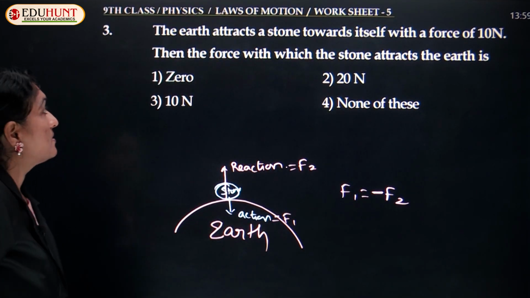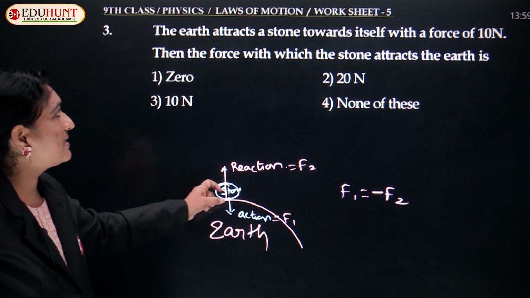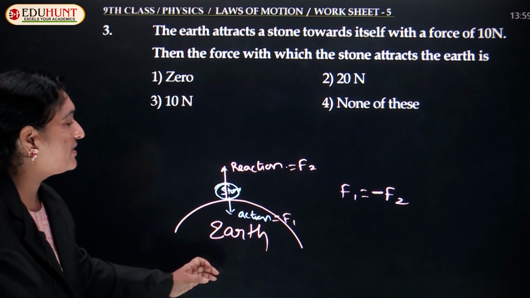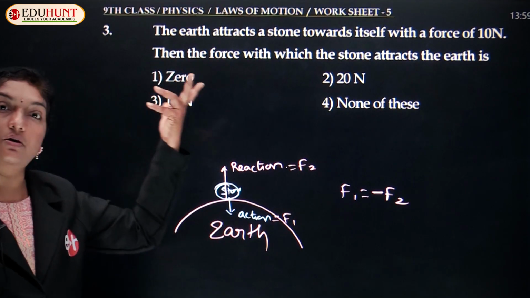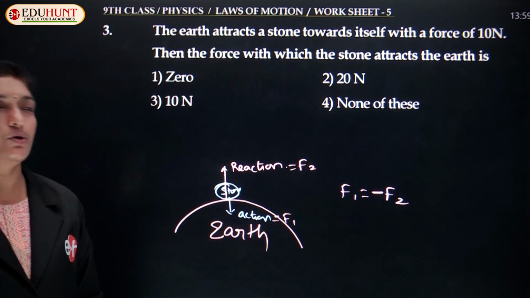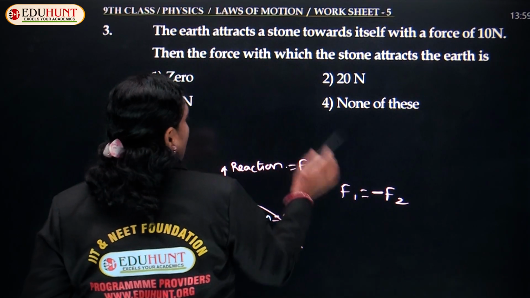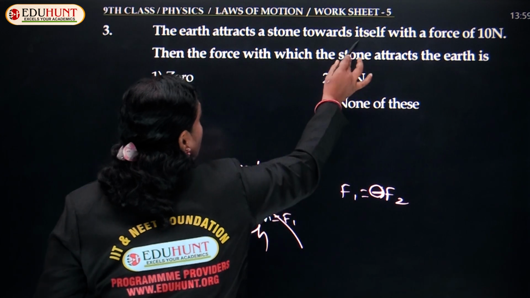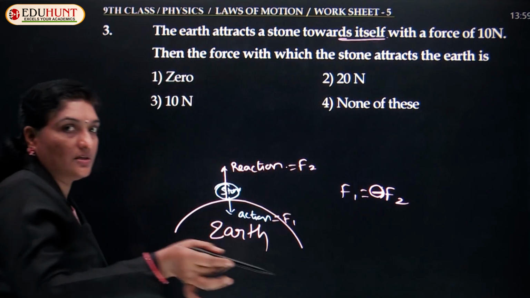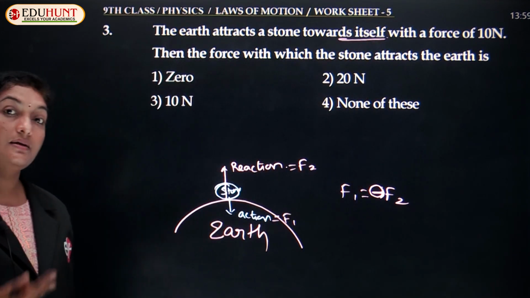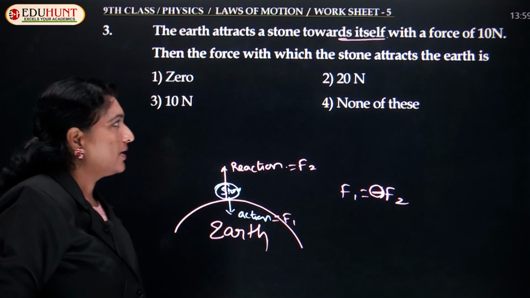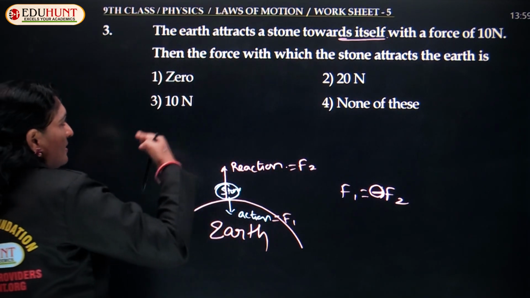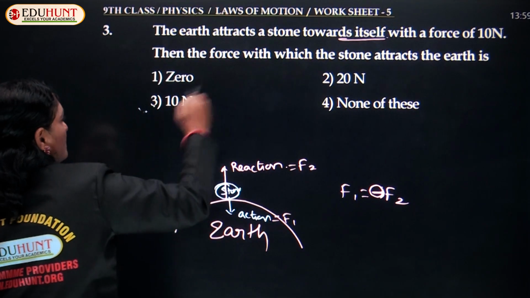What is given is that the earth attracts a stone towards itself with a force of 10 newtons, and the force with which the stone attracts the earth must also be 10 newtons. The direction is given as towards itself, so there is no need to mention whether it is minus or plus. Hence, the correct answer is, if it is 10 here, it must be 10 there also.